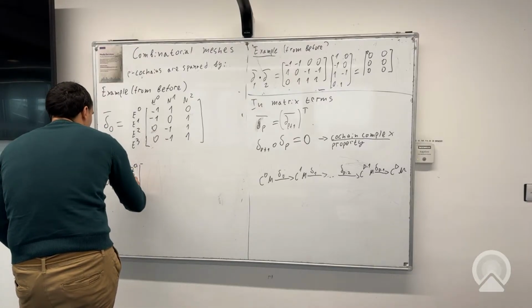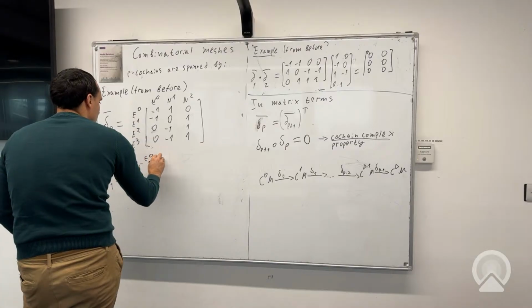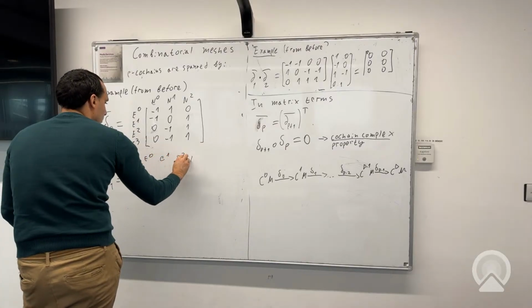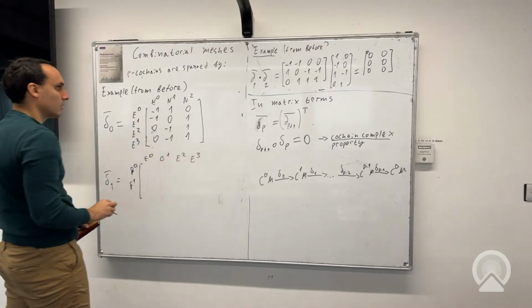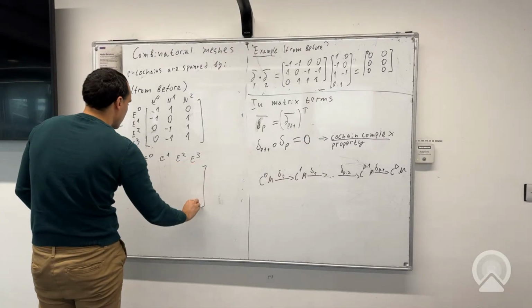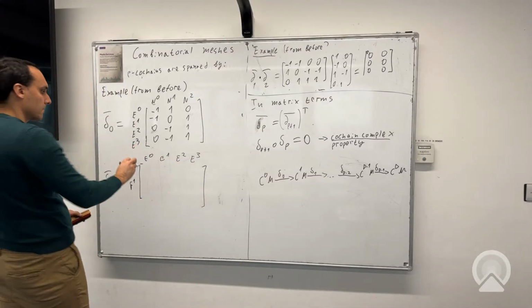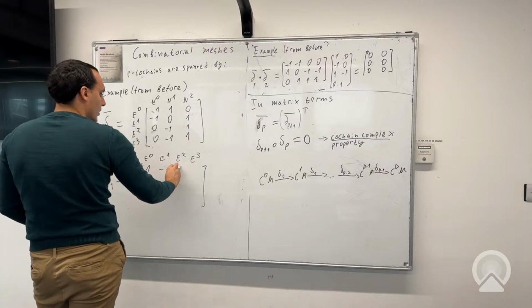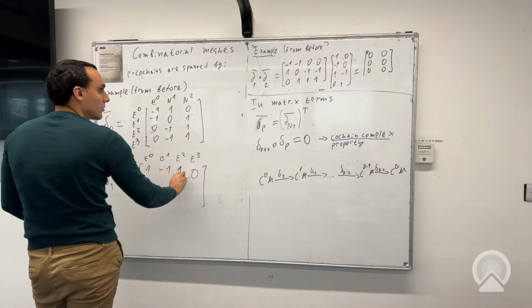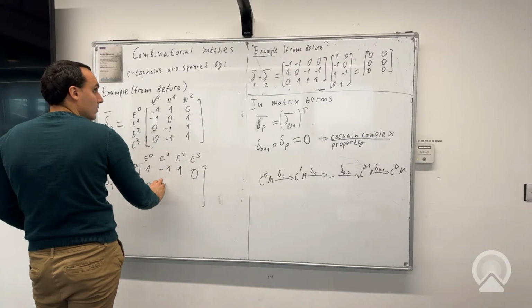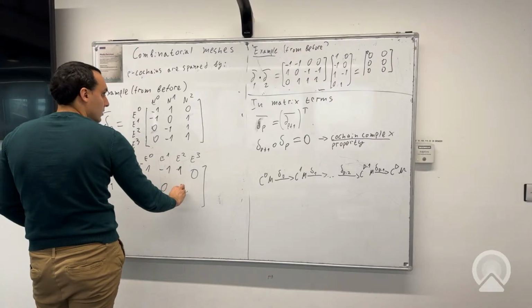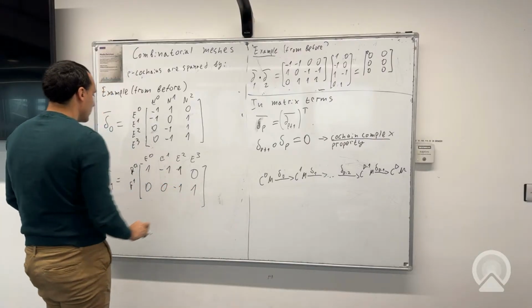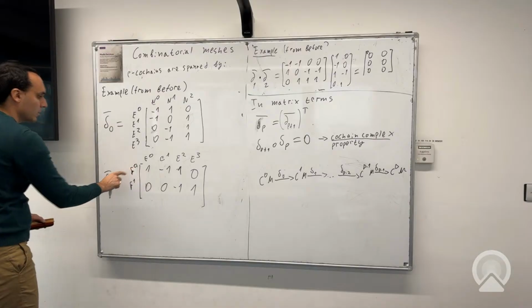F0, F1, and then E0, E1, E2, E3. 1, minus 1, 1, 0, 0, 0, minus 1, 1. So I have this matrix.